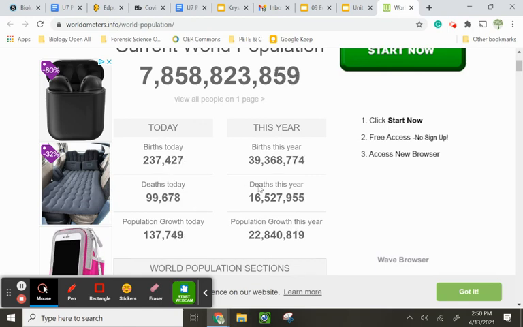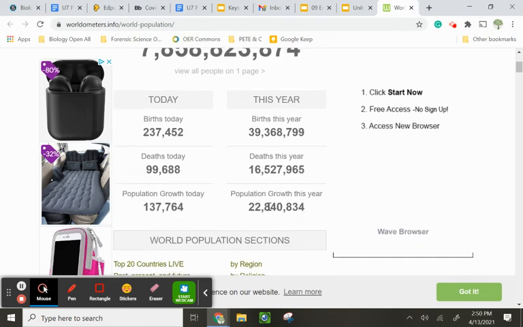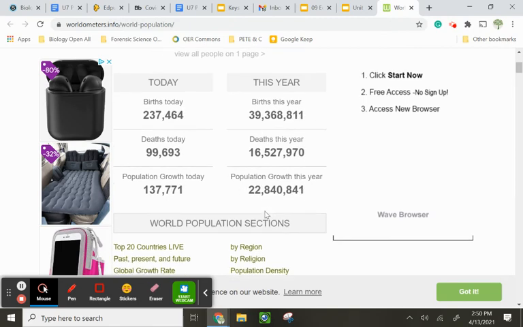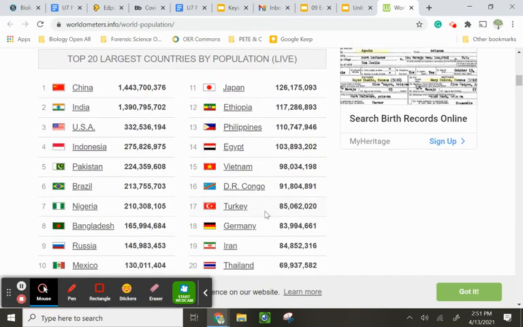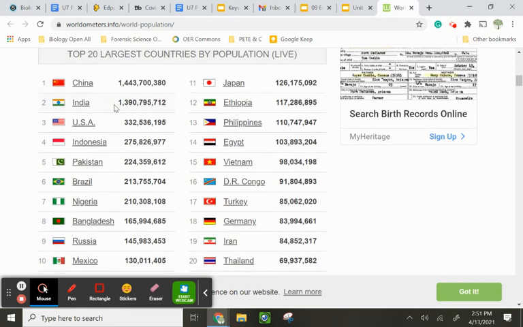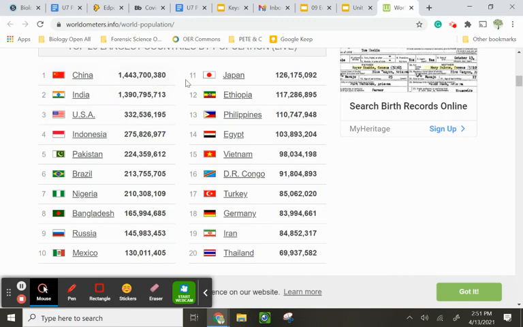You can see we find our rate by subtracting deaths from births, and that is our growth rate so far for this year. 22 million people have been added so far this year. Other things we can see on the human population growth clock is the population of some of our largest countries. China has 1,400,000,000 people. The United States has about 300 million people. So China and India, you can see, are much, much more densely populated countries.